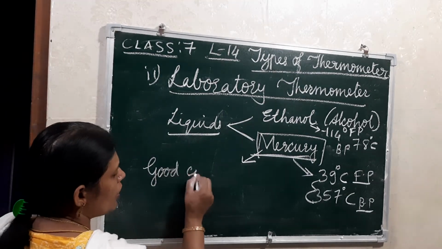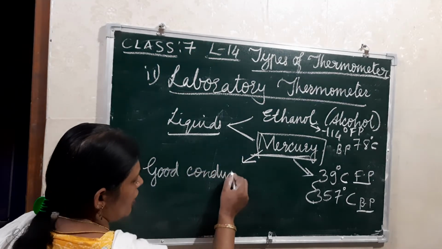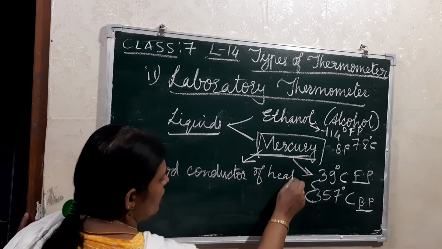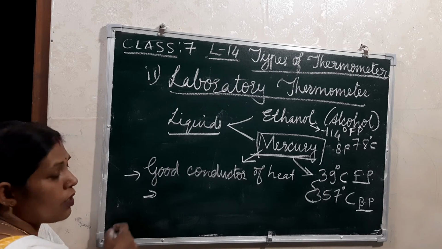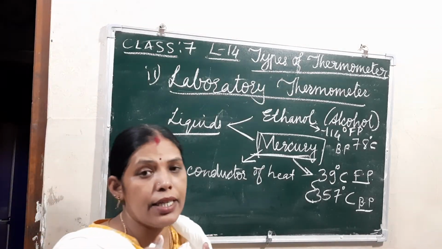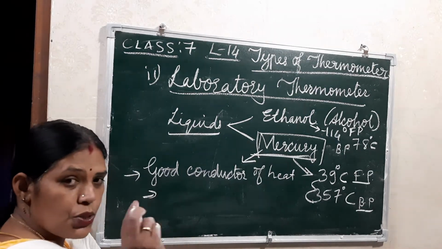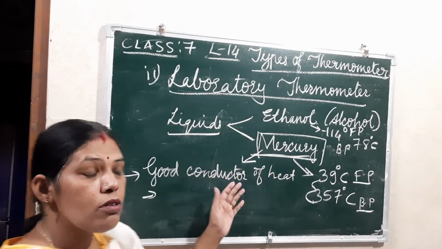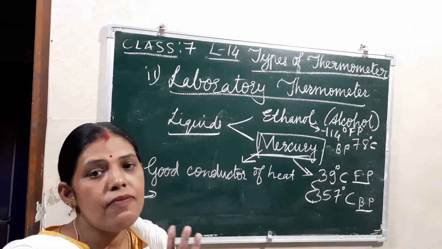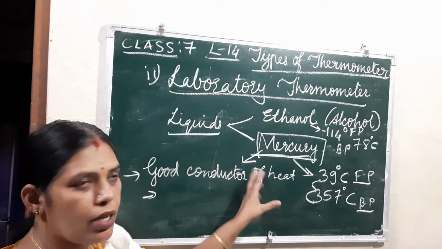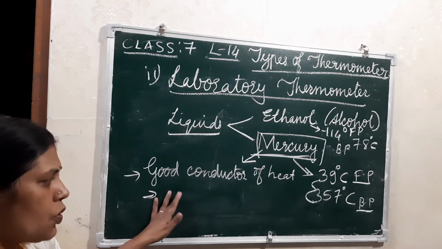Second is visibility, it is very clear to see through the glass tube, because it is a shiny silvery liquid. The mercury thread is easily seen.